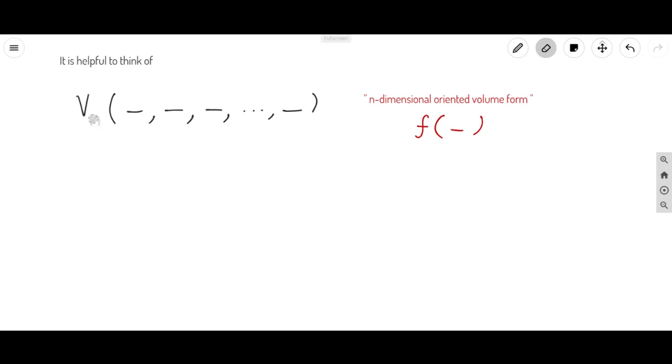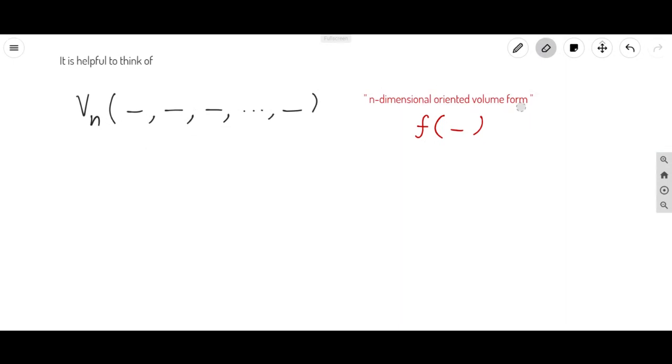This is like a function, but it's a lot more complicated because we're not just putting in a single vector, we're putting in n vectors, and every vector consists of n numbers. So if you really think about it, that's quite complicated. It consists of n squared numbers. Each one of these is an n-dimensional vector, and every n-dimensional vector has n numbers in it. So you have n squared numbers in total that make this up.